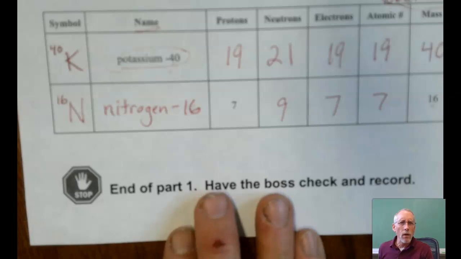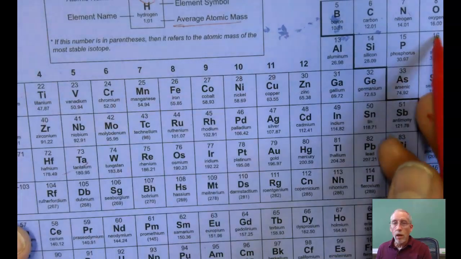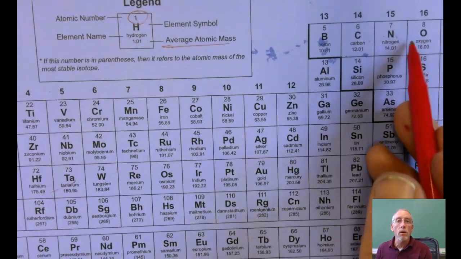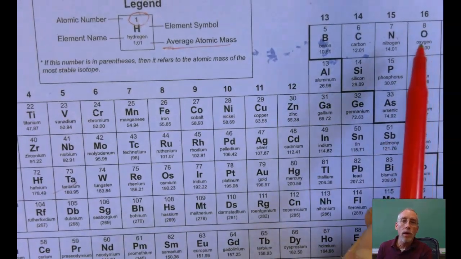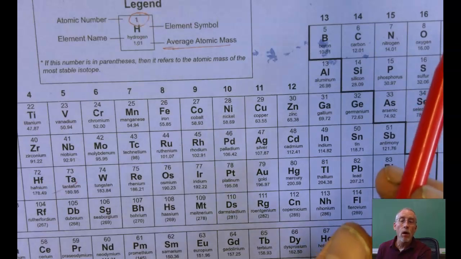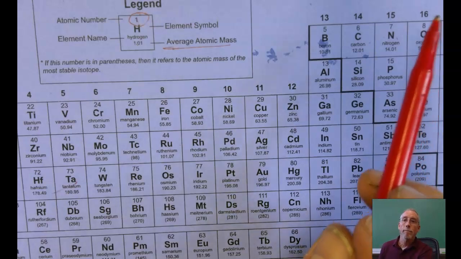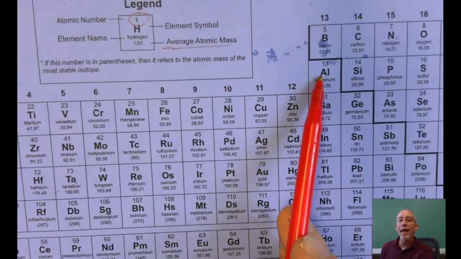And I want to mention now, too, because I don't think I mentioned it before, you must be careful to write the symbol just exactly as it's written on the periodic table. What I mean by that is, notice they all start with a capital letter, but that's the only capital letter in it. If there are more than one letter, let's say like here's aluminum, this is AL, not AI.